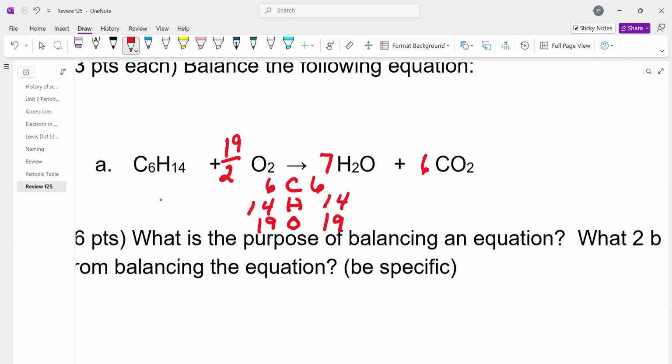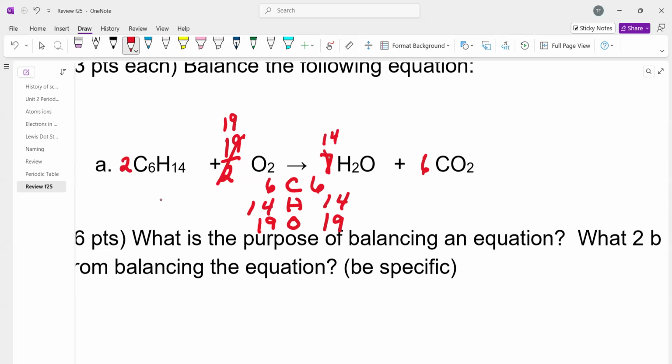Exactly. All right. The reason why we can't leave it this way is you can't have a fraction as a coefficient. So to get rid of the fraction, we're going to multiply everything by 2. So we're going to put a 2 here. 2 times 19/2 is 19.